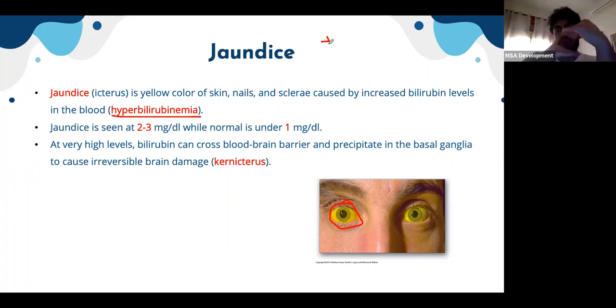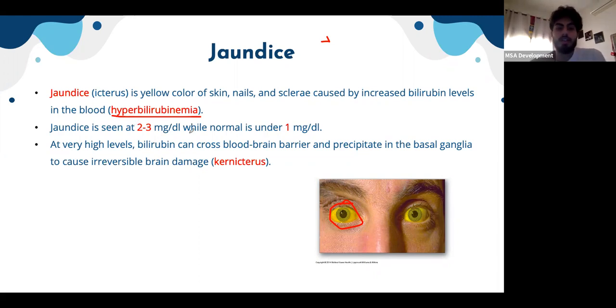So it's stuck here, and we can't make it down to become urobilin or stercobilin to be excreted. Or it's getting from unconjugated to conjugated, but from conjugated it's not becoming urobilinogen, for example, and therefore we can't excrete it. So it's high levels of bilirubin, whether conjugated or unconjugated, due to the deficiency in enzymes that break them down.